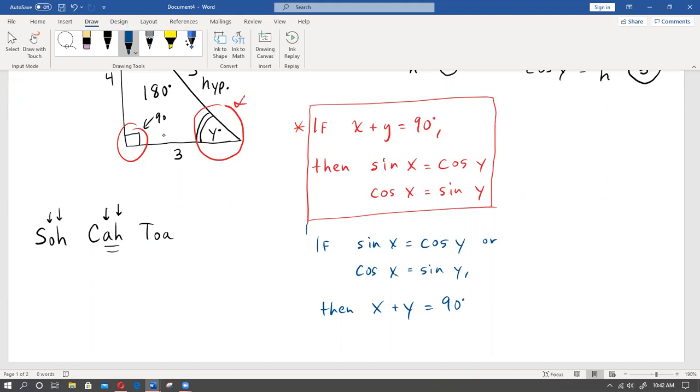So you want to memorize that as well. Okay, so those are two important theorems or formulas that you need to memorize.